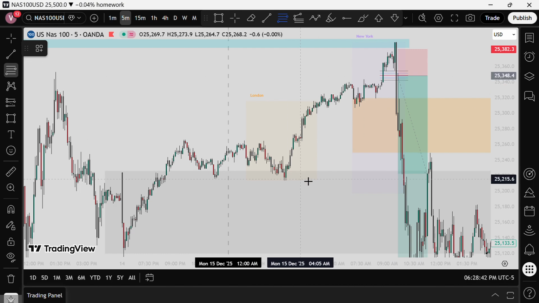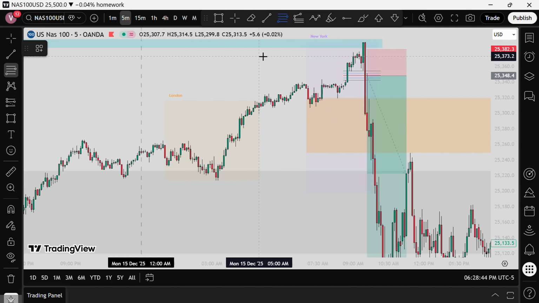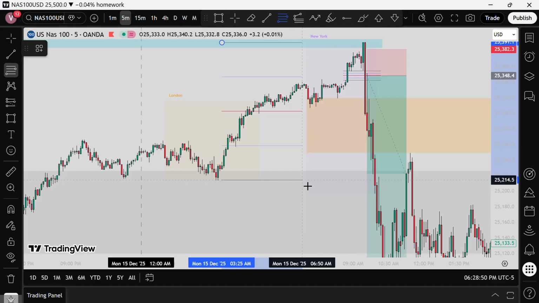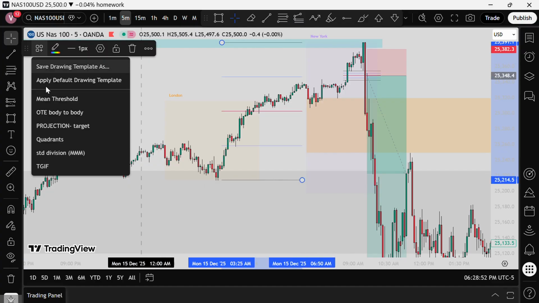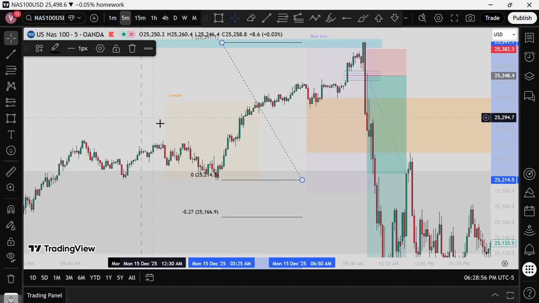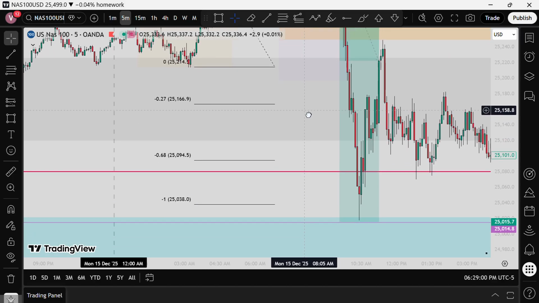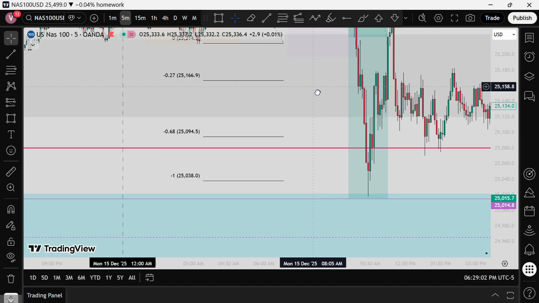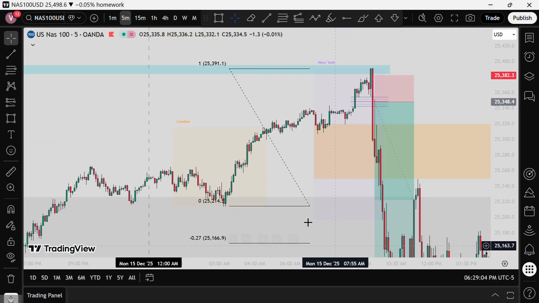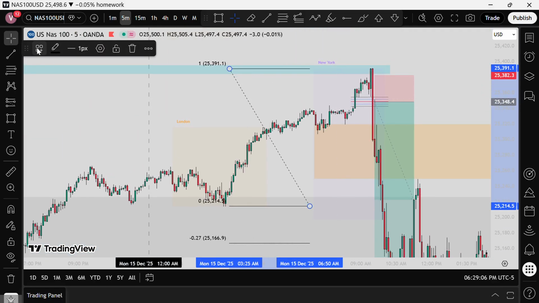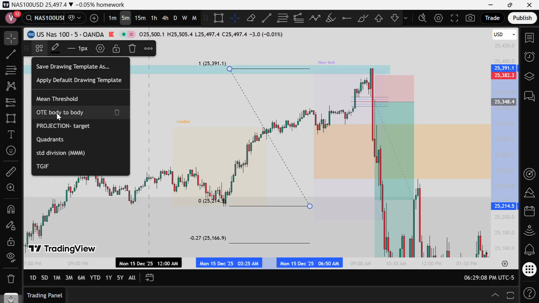This is the manipulation swing for the day. What you do is you use OTE on that. I think we can also use projection. Yes, you can also use projection, but in this case, I found that OTE fits well.